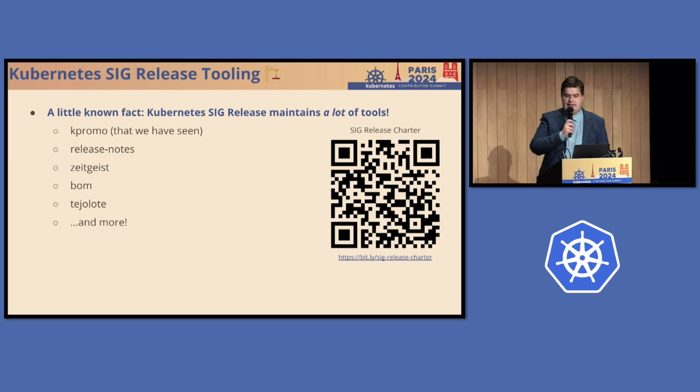The first one being kpromo, which we have seen before, the release notes tool, Zeitgeist, bom, and a bit more of them. And I'm again pointing to the SIG Release charter because it's a nice place where you have all of our subprojects and projects that we maintain and that you can see and use eventually.